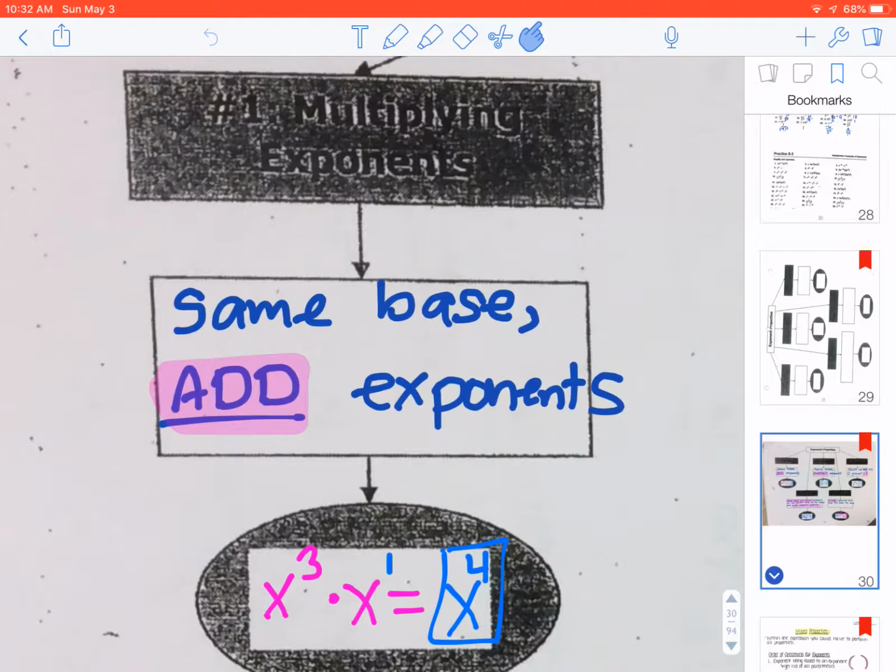For example, x to the third times x to the first gives you x to the fourth. Again, reminding us when we multiply same base, you are adding exponents. Okay, so if you did not pause the video yet, go ahead and pause the video and see if you can fill in the rest of that chart.